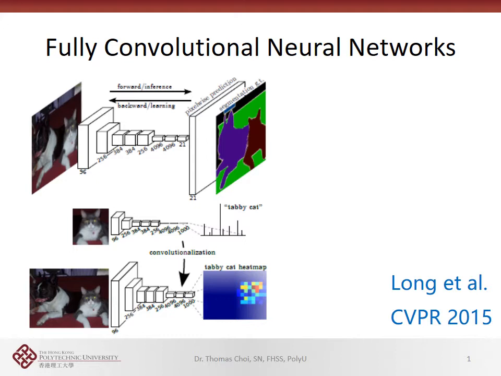So remember the two features of the fully convolutional network. First, we upsample the feature maps by interpolation. Second, we replace the fully connected layer with a common convolutional layer.